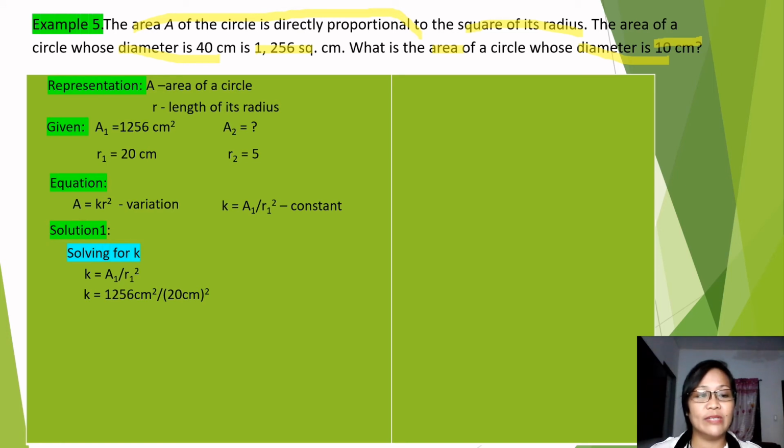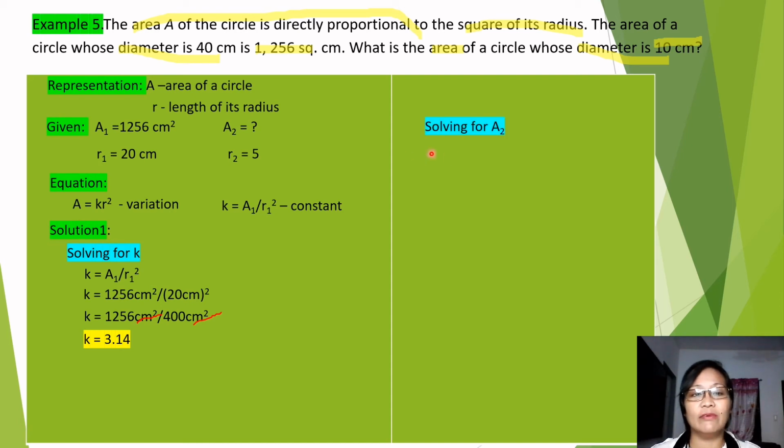We need to square the denominator first: 20 times 20 is equal to 400. Centimeter squared cancels centimeter squared. Now, divide 1,256 by 400. So we have K is equal to 3.14.